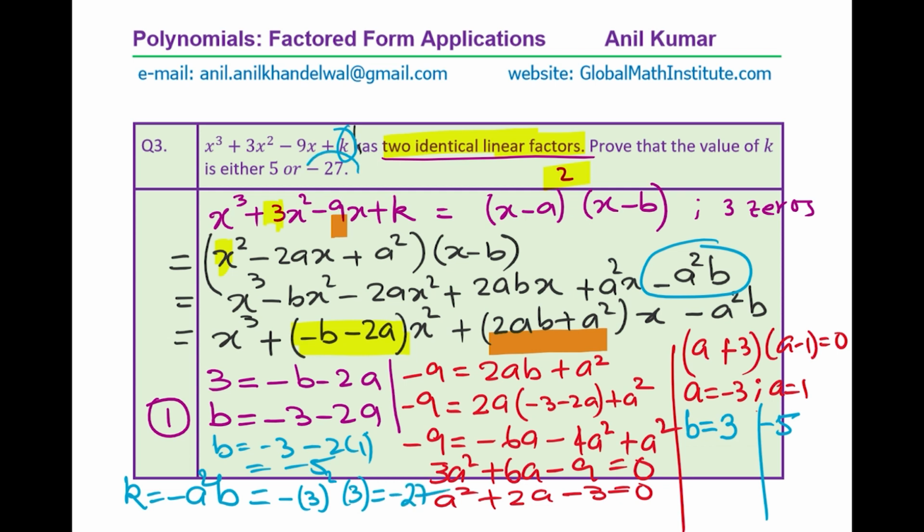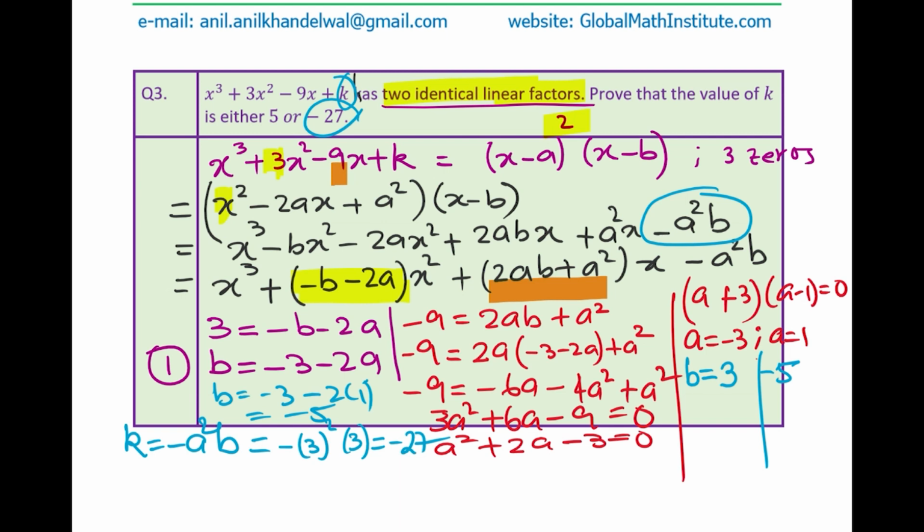So we got one of our solutions. The other one is when I substitute a equals 1 and b equals minus 5, so k equals minus 1 times minus 5, and that gives us plus 5. So we get both the values, plus 5 and minus 27.